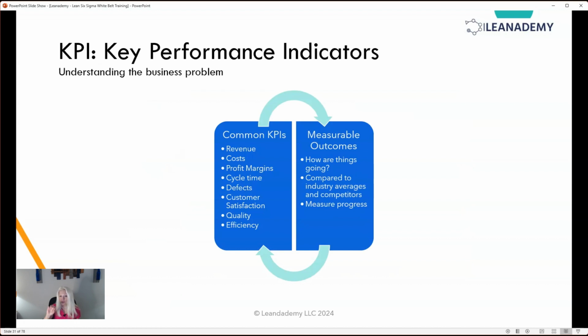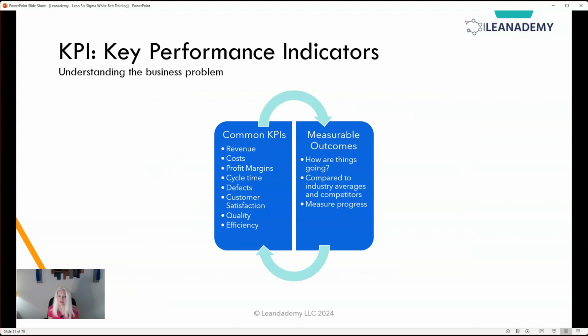So what we're looking at when we think about KPIs is we're looking at measurable outcomes, right? So we're using the data to give us some measurable outcomes. So how are things going? How are things compared to the industry averages or competitors? And then we measure progress, right? So say revenue is going down, you want to increase revenue. How do you do that? Maybe we start to take a look at cost and profit margins. Is your cycle time too long? Are we having way too many defects?